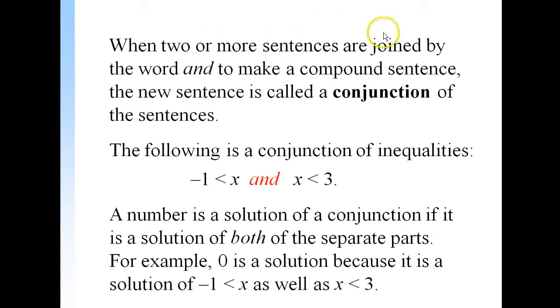When two or more sentences are joined by the word and, there's our key word for intersection, to make a compound sentence, the new sentence is called a conjunction of the sentences. So we read it this way: -1 is less than x, and, indicating intersection, x is less than 3.